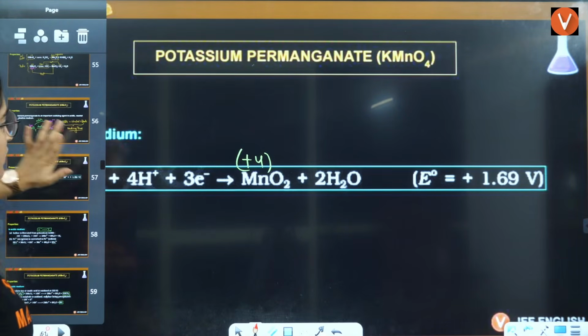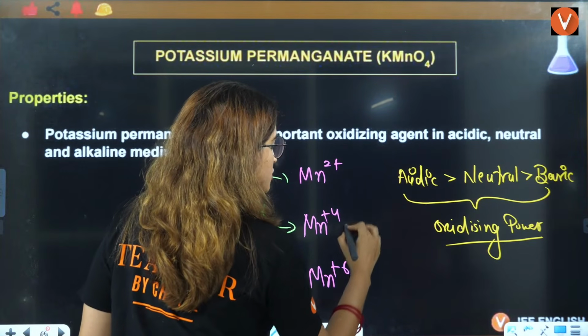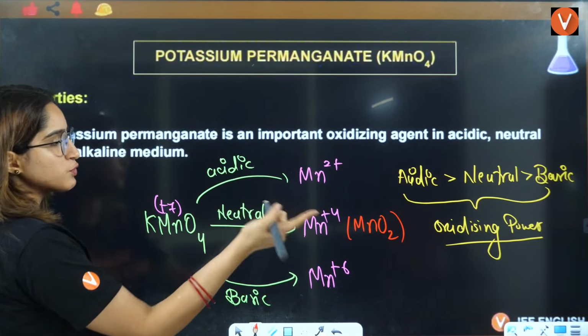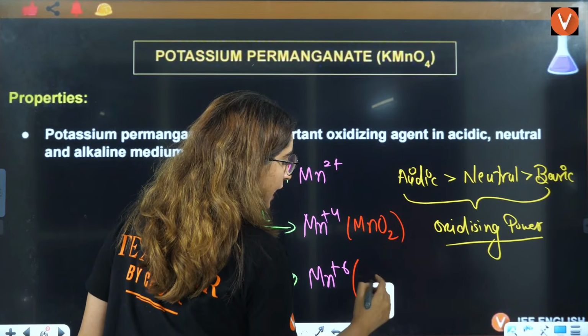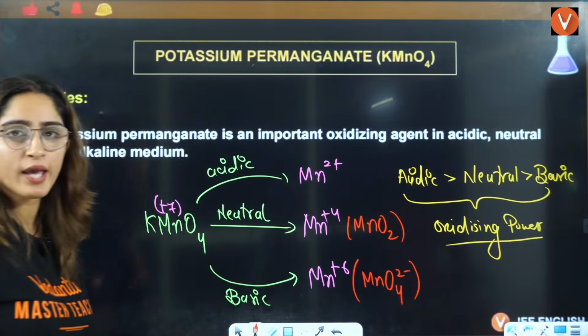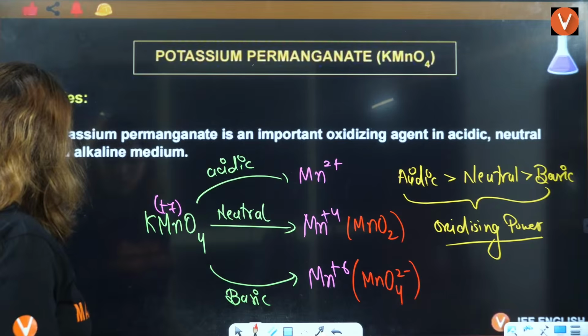Yes, I'm so sorry. Here it would become +7, no? So this will become MnO2, because x minus 4 is equal to 0, it will be +4. Here it will be MnO4 2 negative. So this is how it is converted.